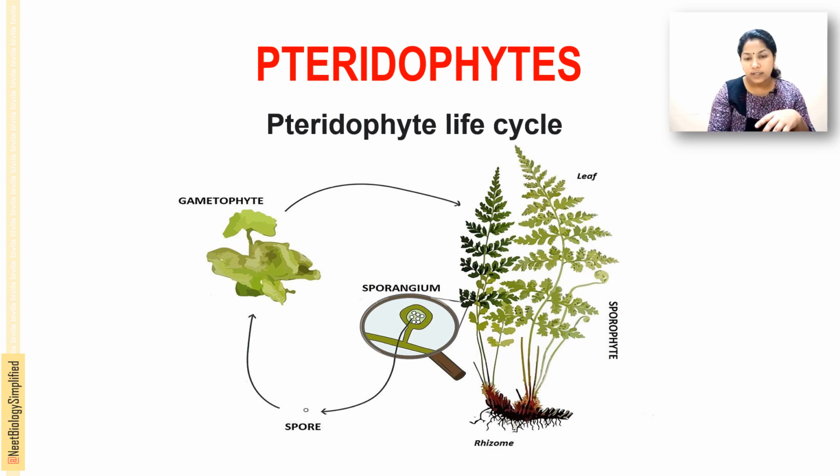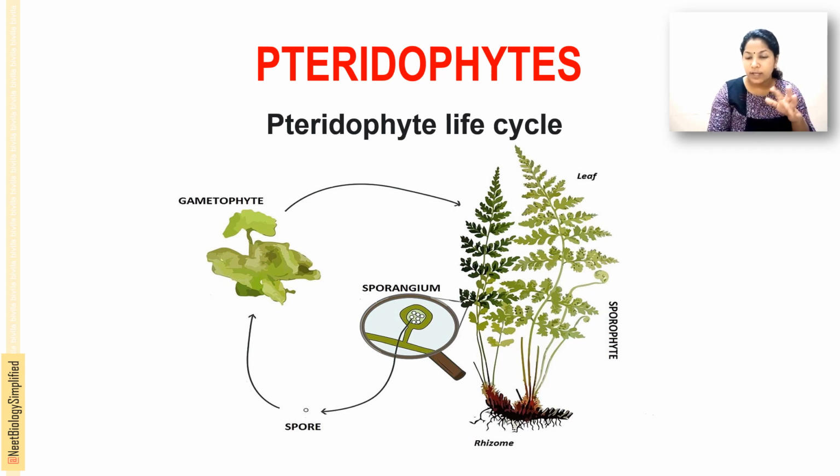Here you can see this is a sporophyte. Okay, it's a plant-like structure. There is a leaf that bears the sporangium. This is a sporangium. From it the spores are released, and these spores germinate into the gametophyte that is called a prothallus. From the prothallus, it is differentiated into male or female gametophyte.